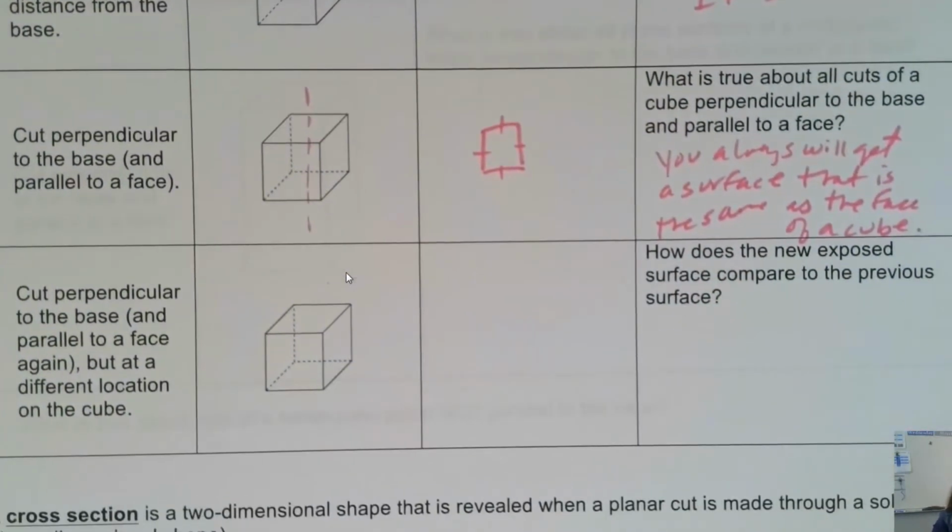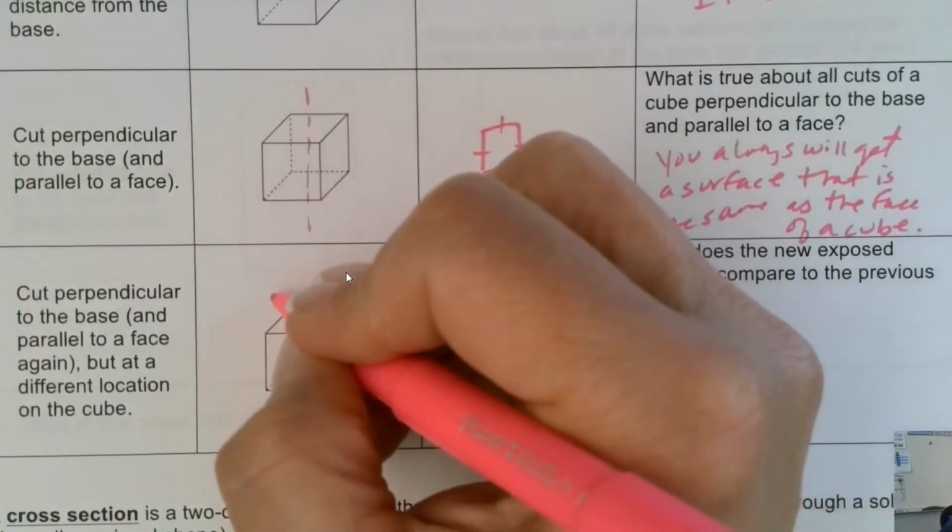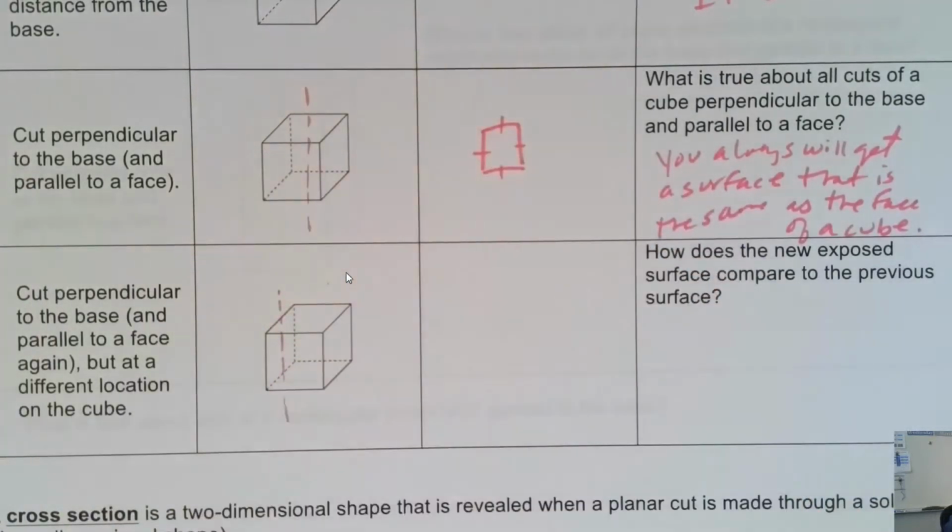Okay, number 4, cut perpendicular to the base and parallel to a face again, but at a different location on the cube. Let's say we slice closer to the edge instead of right through the middle.